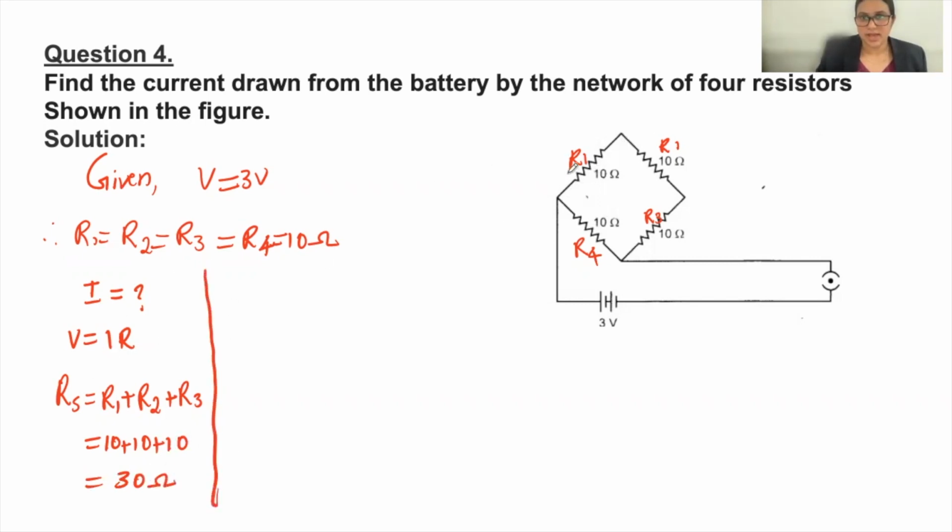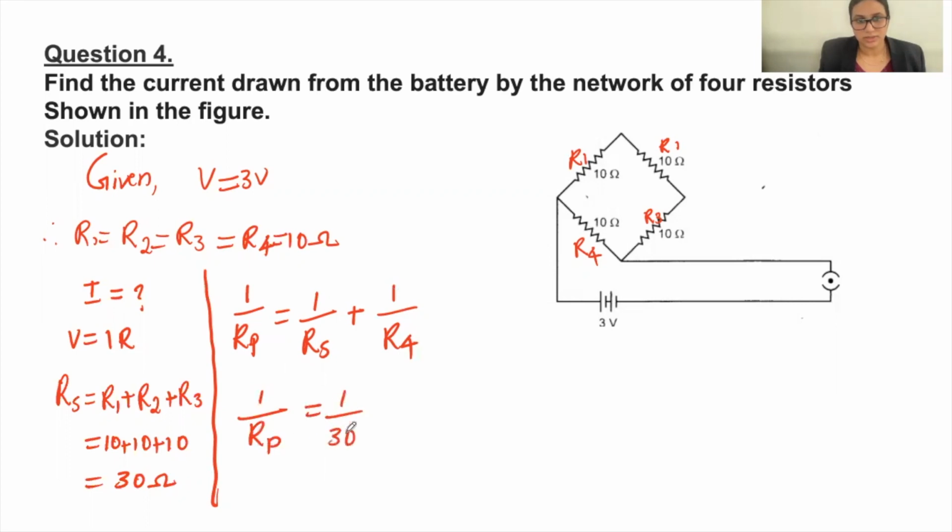Now, this Rs, that is 30 ohm, is connected in parallel with R4. So we need to calculate the resistance when two resistors are connected in parallel. The formula is 1 by Rp is equal to 1 by Rs, that is the sum of these 3 resistors connected in series, plus 1 by R4. So that's the 4th resistor. So what do you get? 1 by Rp is equal to 1 by 30 plus 1 divided by R4, which is 10.